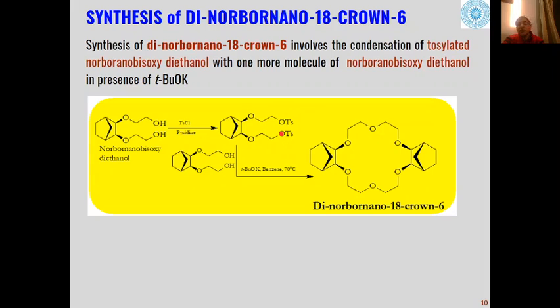So when this reacts with another molecule of diethanol derivative in the presence of a strong base, H from here and the tosylate group from here will be eliminated, and we will get this type of di-norbornano 18-crown-6 derivative as the product.